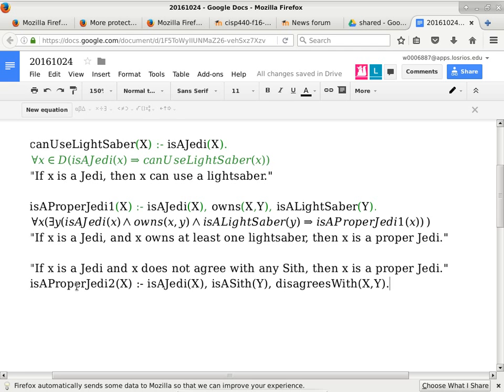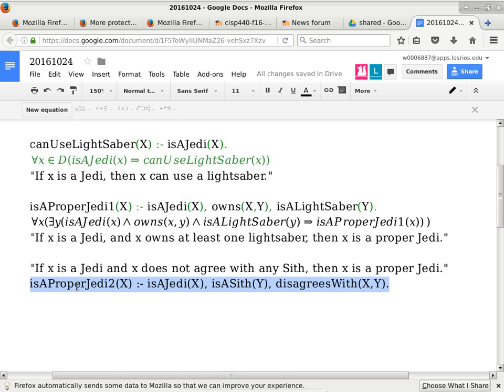So now we can say this, but this is not really saying what we want to say, is it? Because this particular statement in Prolog is really just saying that if X is a Jedi and there exists at least one Sith that this particular Jedi disagrees with, that would make that Jedi a proper Jedi.